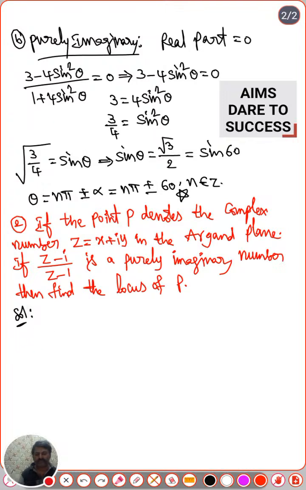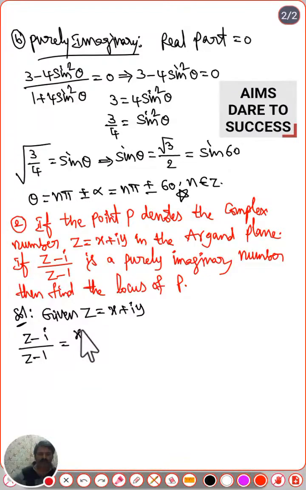Okay, first of all read the question. Z is equal to x plus iy, given (z minus i) by (z minus 1) is a purely imaginary number. What is the z value, my dear? x plus iy.